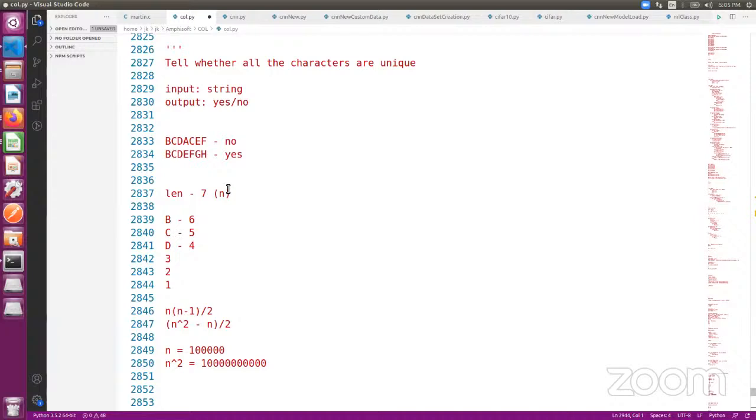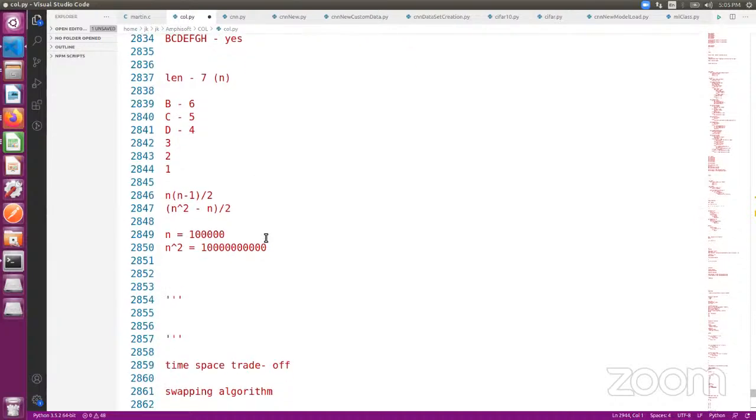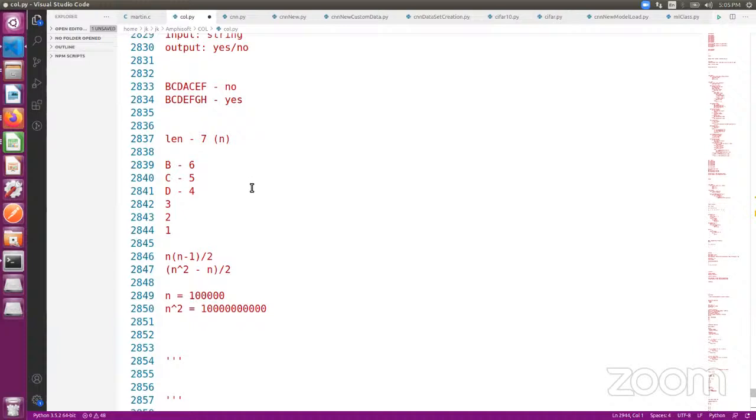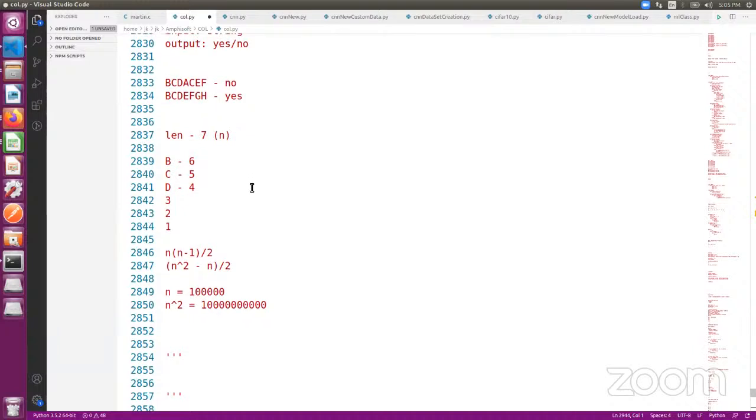Then we saw an algorithm which takes only order of n, where we take additional memory, an additional list, as a flag. We just iterate once and mark all the occurring characters. If a character repeats, we just return no. I hope you understood. And then you also saw further reduction.